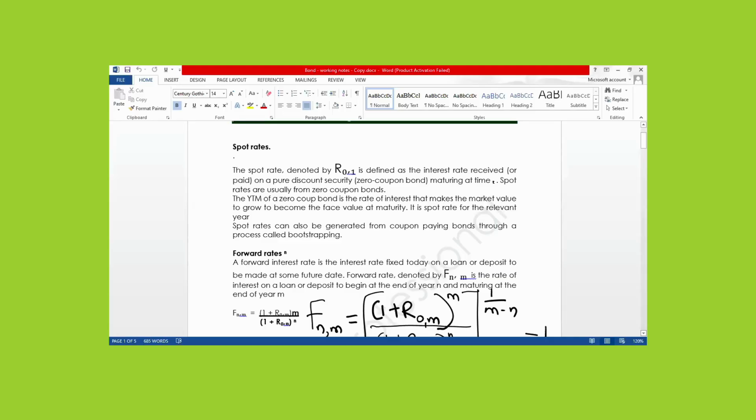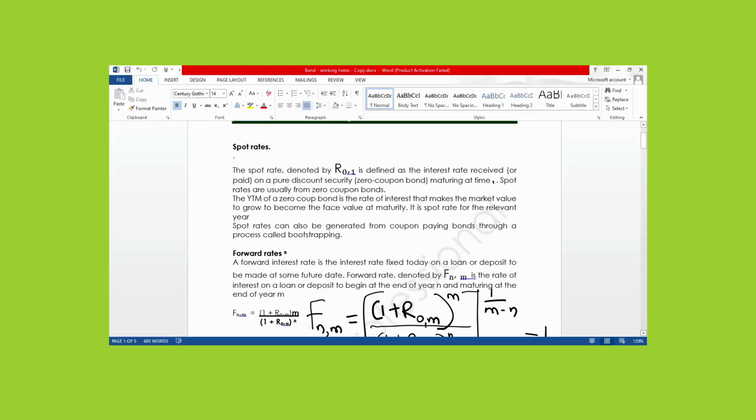Spot interest rate is the interest rate paid or received on a loan or deposit made today, immediately.